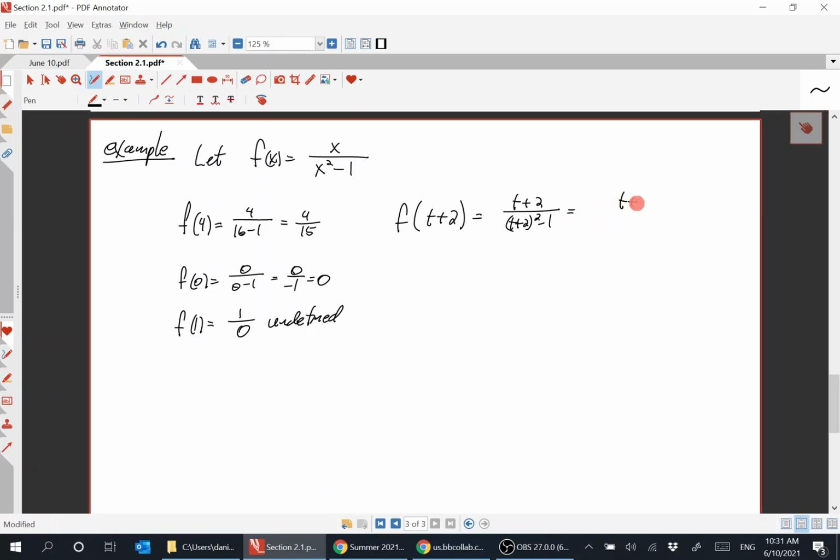And we can put this bottom back into a standardized form. So that's t squared plus 4t plus 4 minus 1, so t squared plus 4t plus 3. How about that? f of t plus 2.